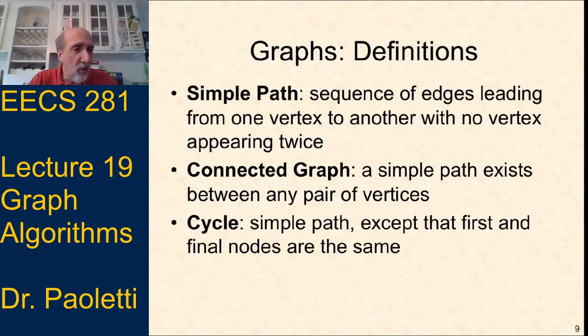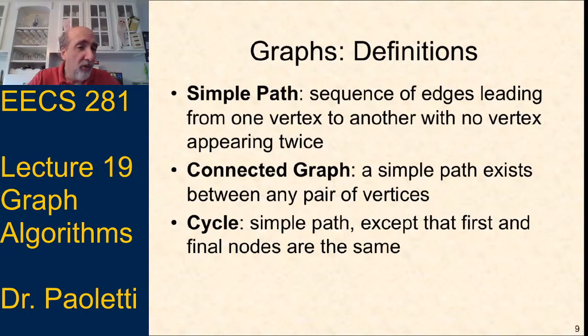In a connected graph, a simple path exists between any pair of vertices, and any here may sound odd. Maybe a better word would be every. What it means is if you pick any pair of vertices, there is a simple path connecting them. So we could also say between every pair of vertices, there exists a simple path.